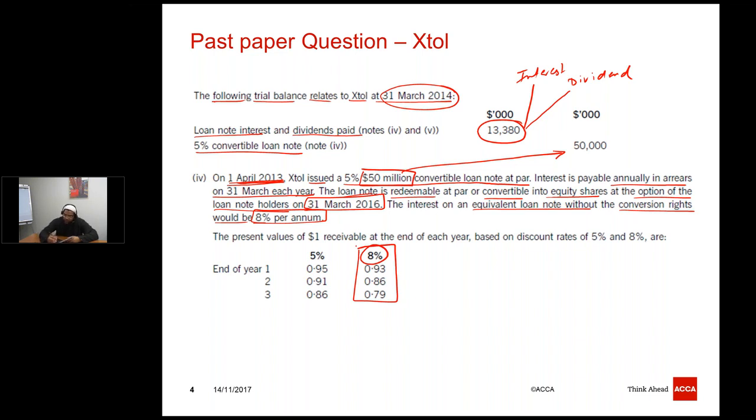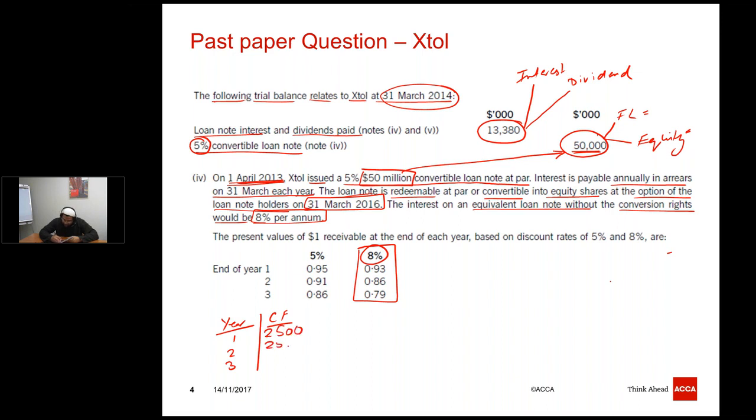So the first step is to break this 50,000 into the amount of liability and equity. So how do we calculate the amount of liability? We actually calculate the present value of all future cash flows. So I'm preparing the table over here, year 1, 2, 3. The cash flows will be 50,000 into 5%, which is 2,500 interest per year.